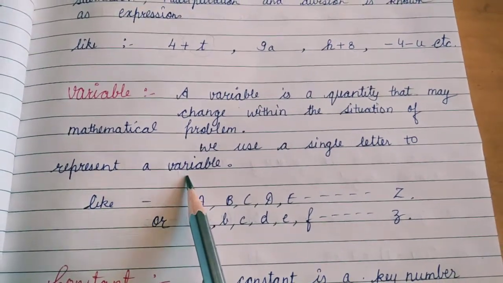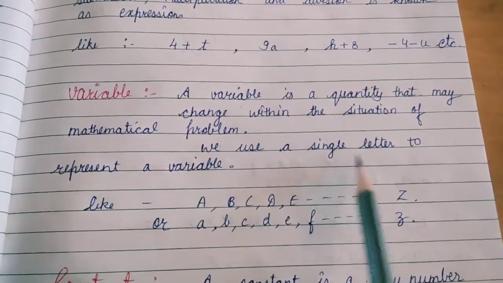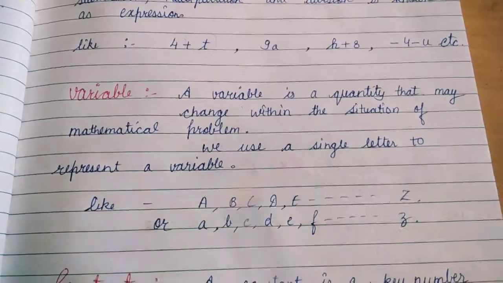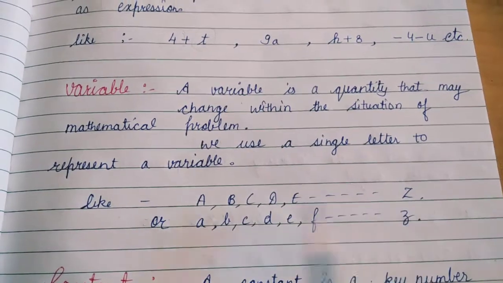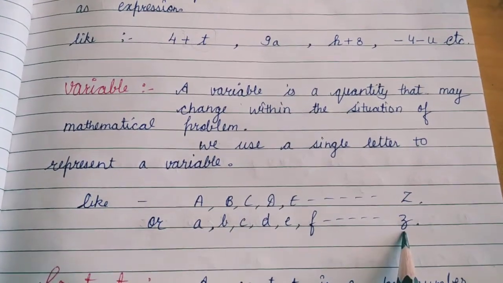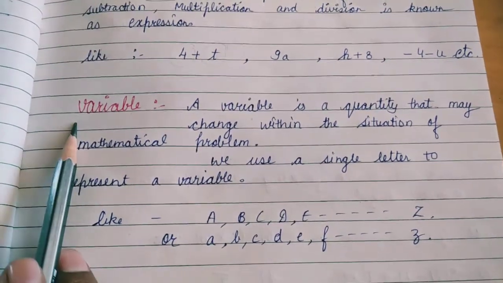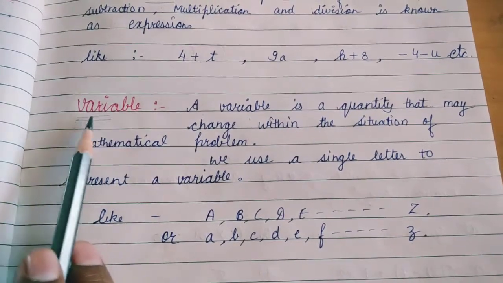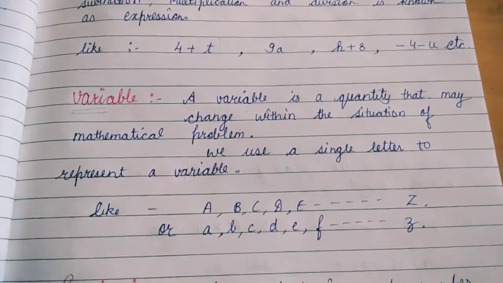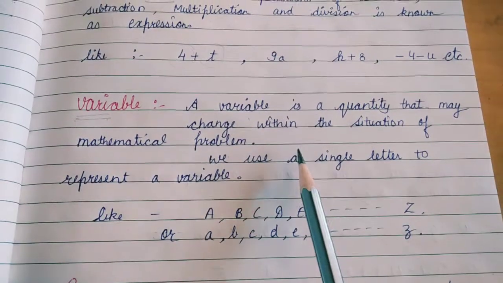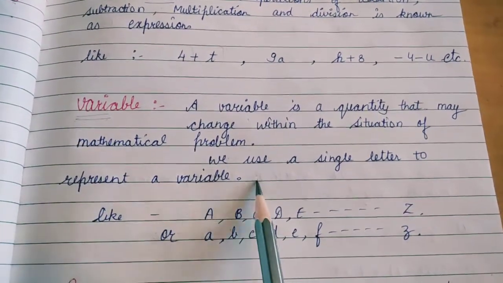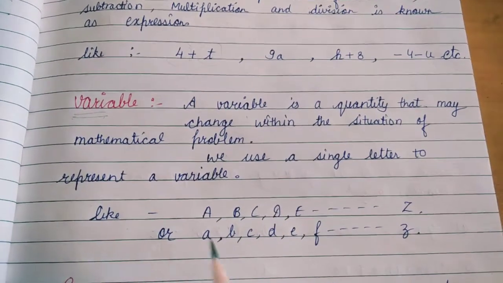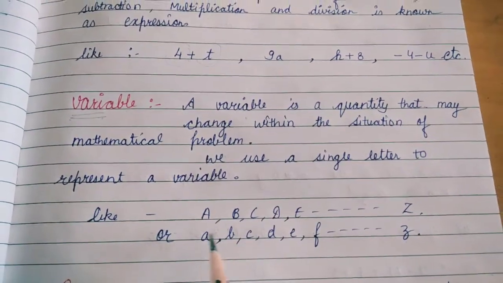It can be taken from capital A to capital Z, from small a to small z. In the word variable we have the word vary. So those values which can vary according to the situation are known as variables, and they are denoted by English alphabets.